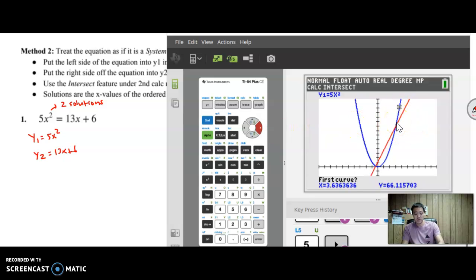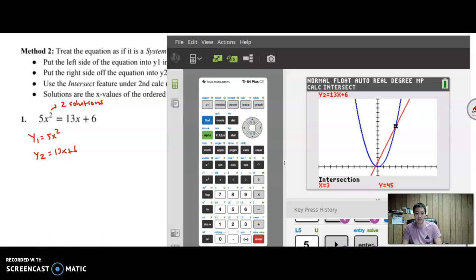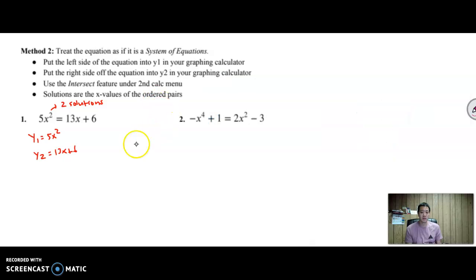So the first curve, yes, I'm going to press enter here, the parabola, and then the second curve will be the line, and then guess, just press enter, and then there's the other intersection, 3, 45, right? So I have 2 intersecting points, right?